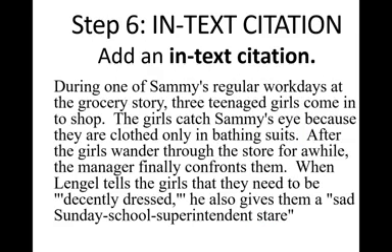And then, of course, we need to add an in-text citation. That's always going to be important when you're using information from a source. So there is the in-text citation right here. And that, of course, is the page number from the story. I also want you to notice that the end of the quotation is punctuated right next to the word.